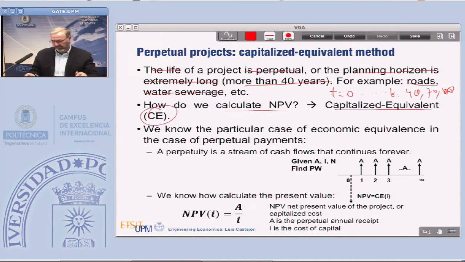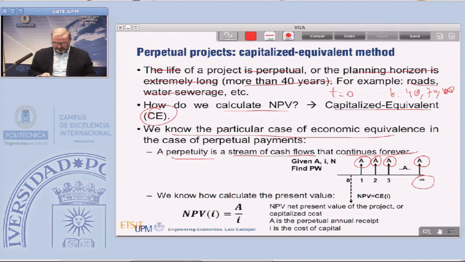We showed that methodology in the equivalence of interest rates, in lecture number 4, I think, or 5. A perpetuity, as you remember in that lecture, is a stream of cash flows that continues forever. So you have a future periodic cash flow, constant and periodic, to infinity.